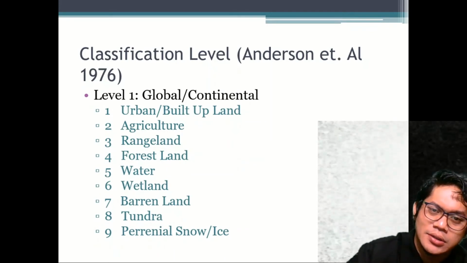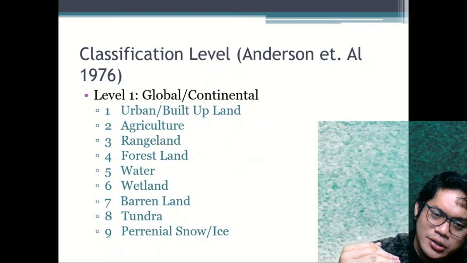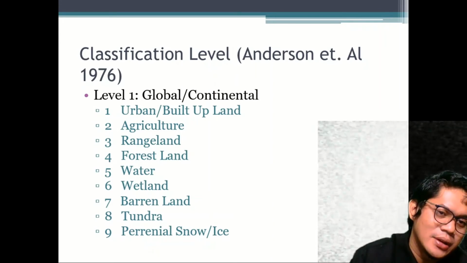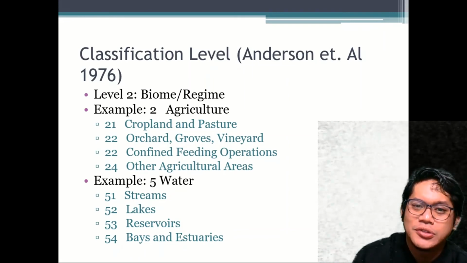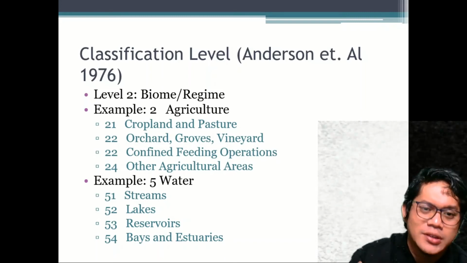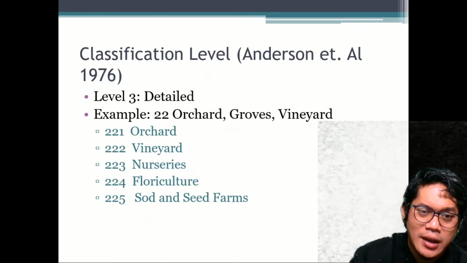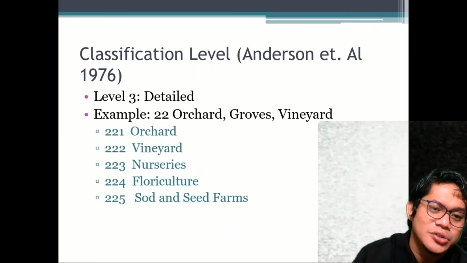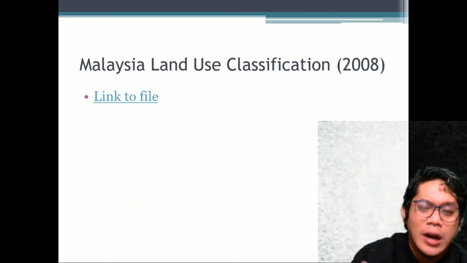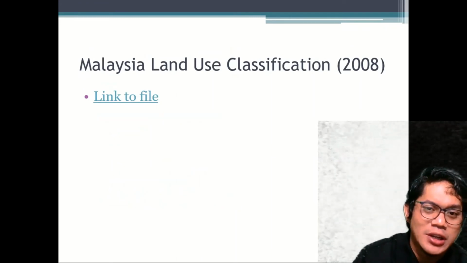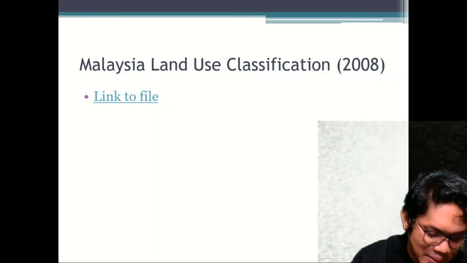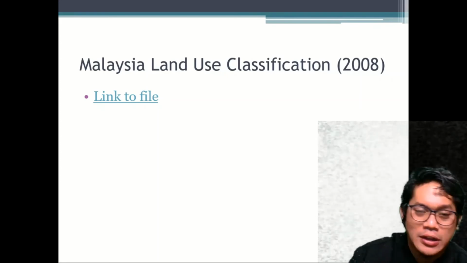Level 1 is the basic, simplistic level, and after that it goes to the quite detailed one, agriculture and what kind of agriculture and so on. Level 3 is the detailed one, down to what kind of crops are being planted. I will also attach the Malaysia land use classification produced by the Department of Town and Country Planning.